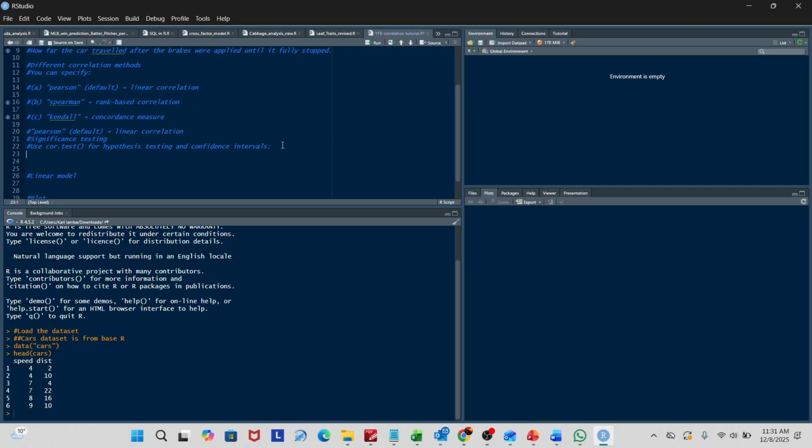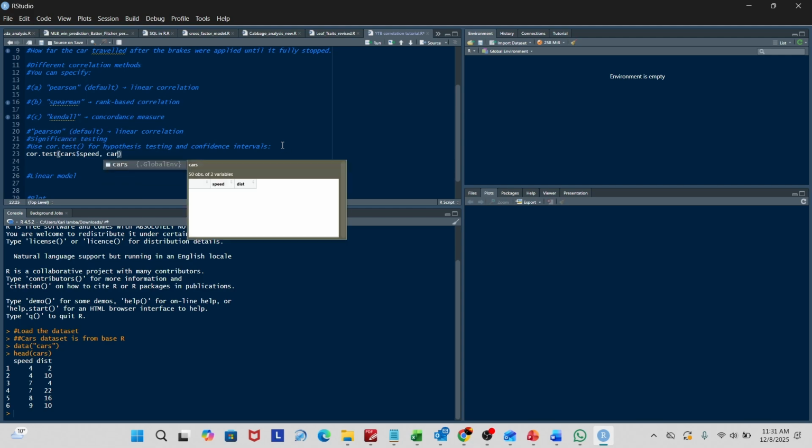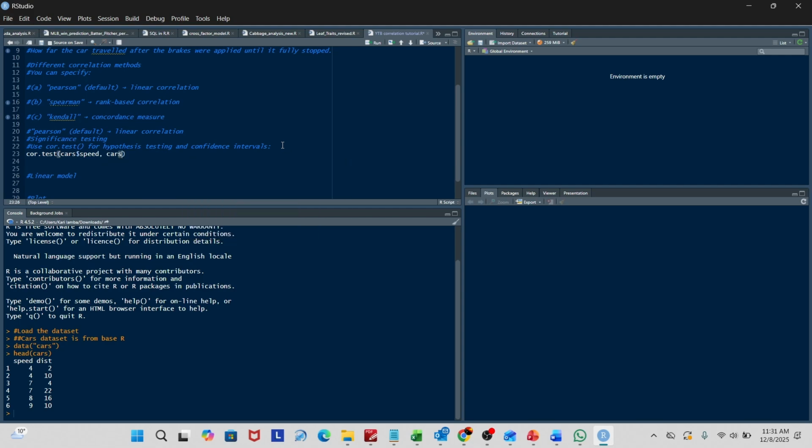So we can use the function cor.test, and then we place our first variable, which is our predictor. So it is cars$speed. Our second variable, which is our response, is the distance.